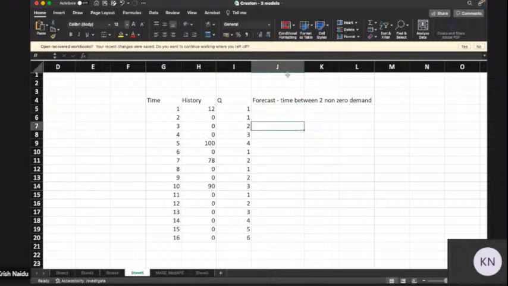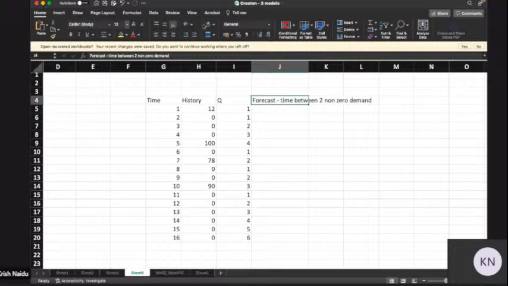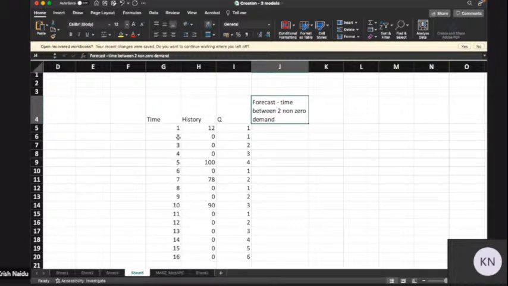For the first period, we don't do the forecast, we take it from the history. So here, this is my first non-zero demand, this is the second non-zero demand. How many periods are there in between them? There are 3 periods, 1, 2 and 3. So the first one is whatever I had. Now I have to forecast the second one.